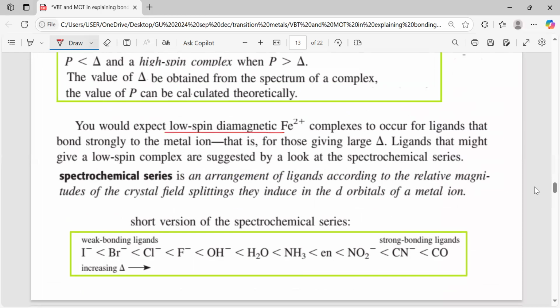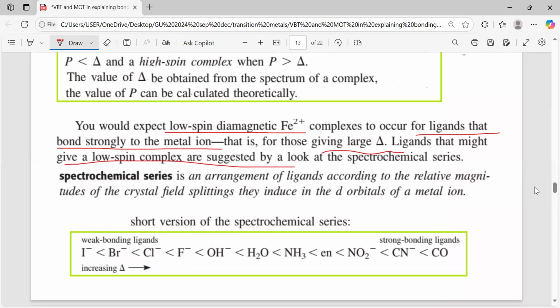Low spin diamagnetic are the ones where you are pairing. They form when ligands bond strongly to metals, and when they bond strongly, they create a large delta value, and they lead to low spin complexes.